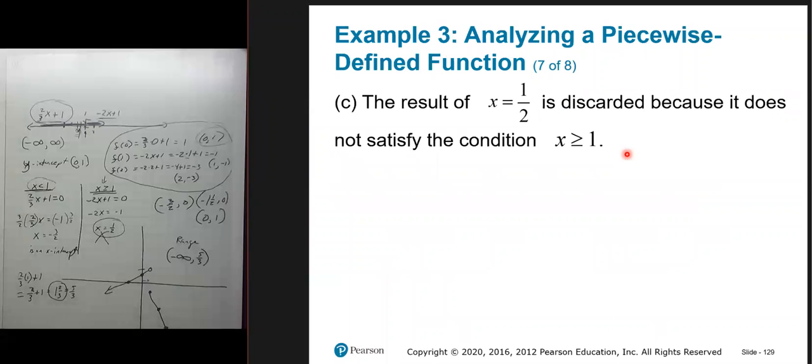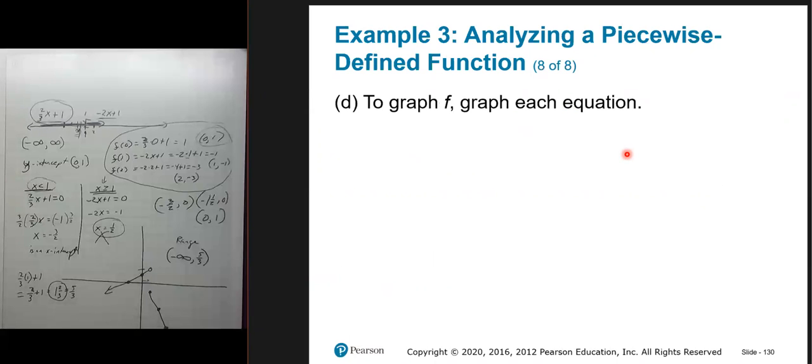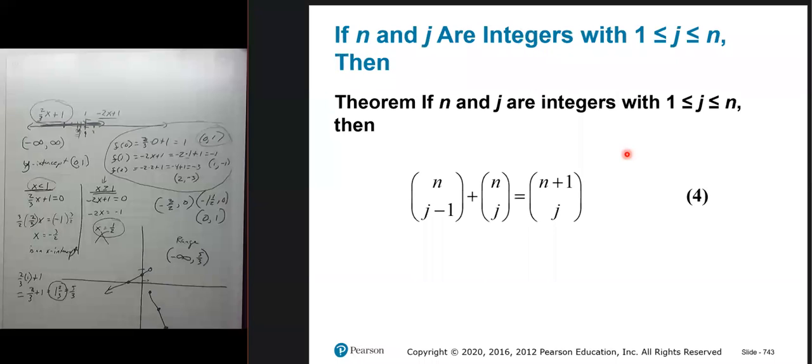And the result 1/2 is disregarded because it does not satisfy the condition for that interval. And so -3/2 is the only x-intercept that this function has. And so that was this part here.